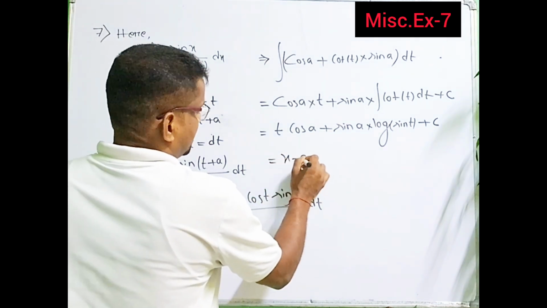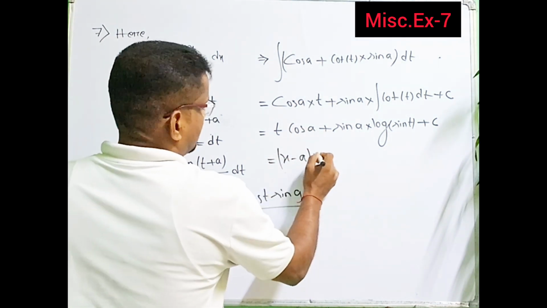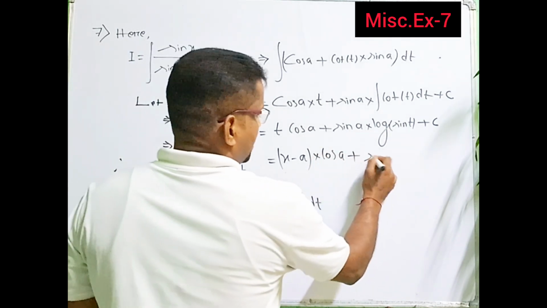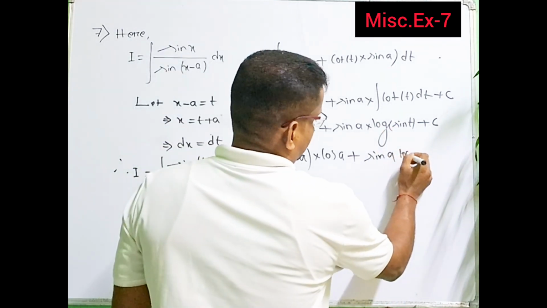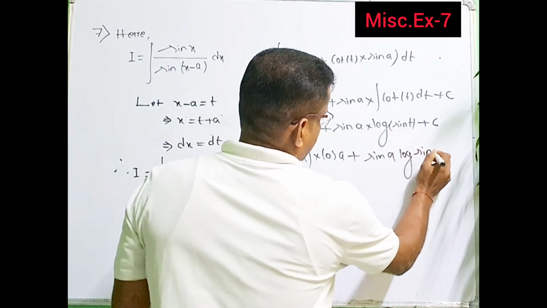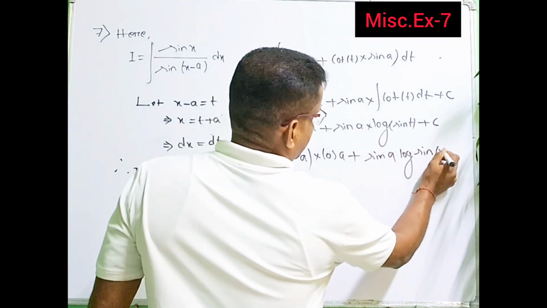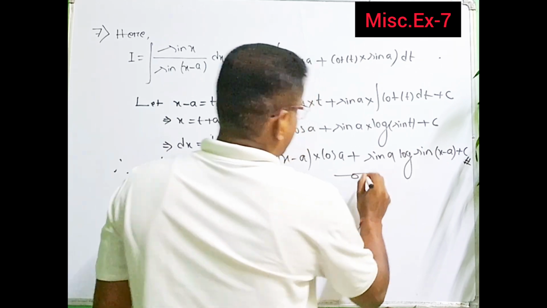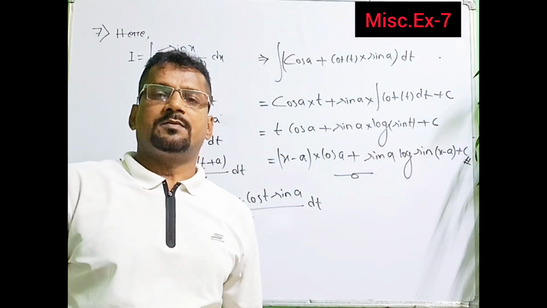So it is x minus a times cos a, plus sin a as it is, log of sin t. So log of sin t means log of sin of x minus a, plus c, constant of integration. This is your answer. So we have solved question number 7.